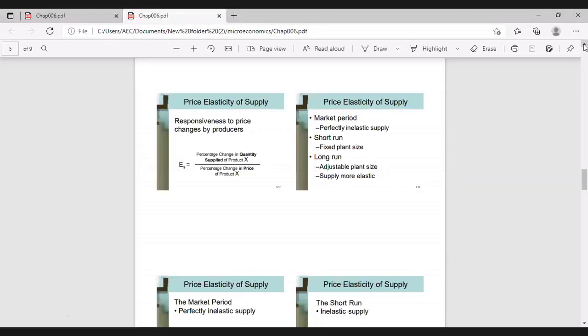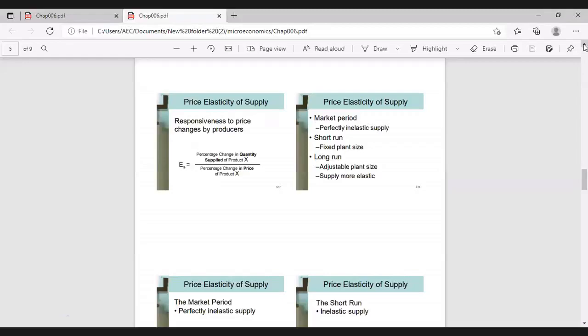So short run means at least one input is fixed, normally land size and some machinery. In the short run, he can use the fixed input more intensively, using more variable inputs like fertilizer, labor, and pesticide.